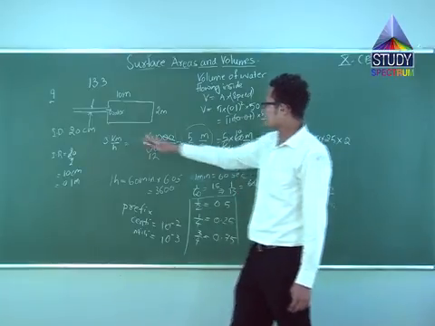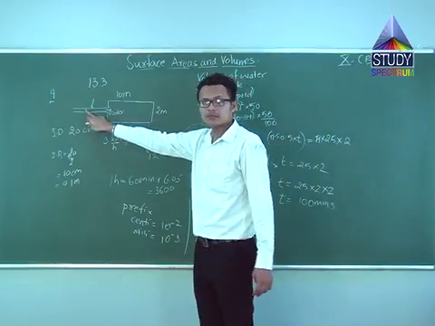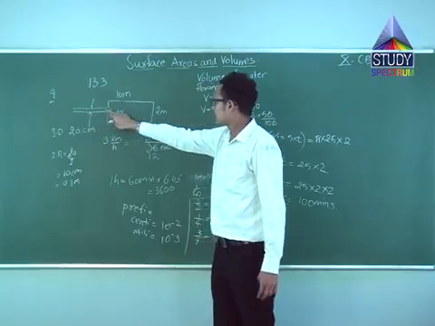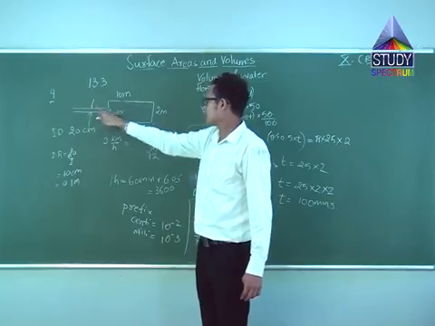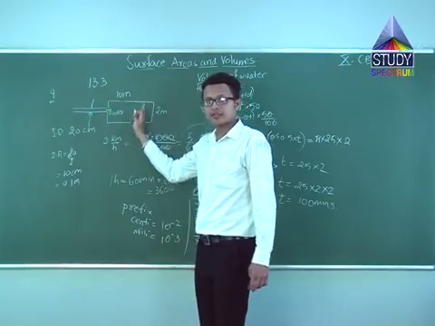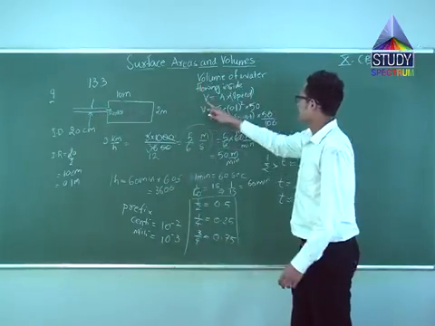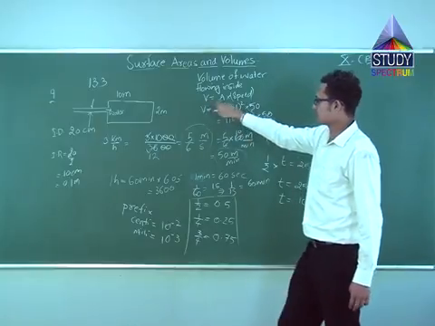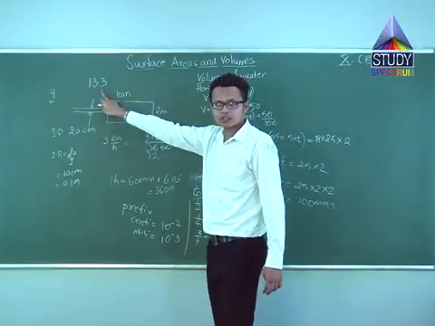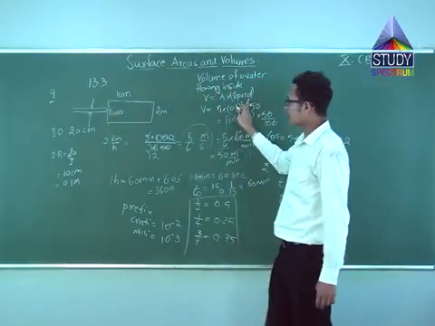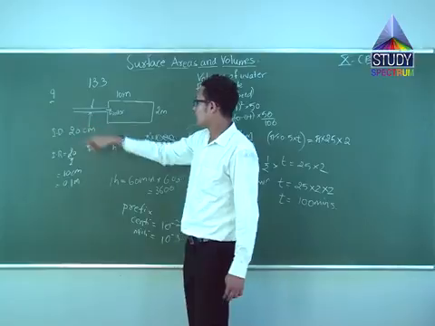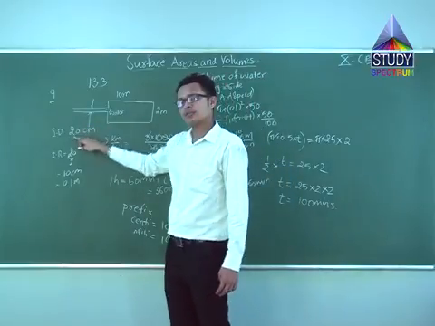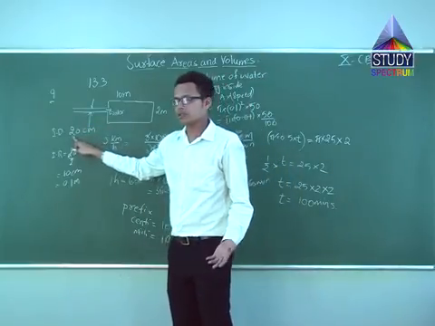The next concept here is that the volume of water that flows into the canal will be accumulating in the tank. So the volume here will be equal to the volume here after filling the tank after t minutes. The volume is given by the area of cross section of the canal, that is pi r square, because when the diameter is given, it is understood that the cross section is circular.